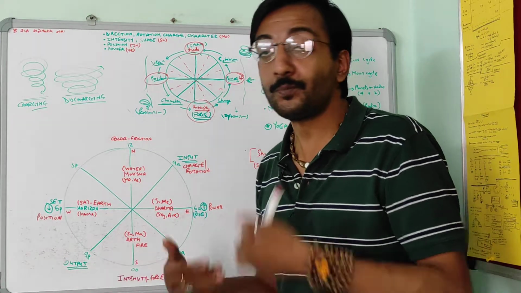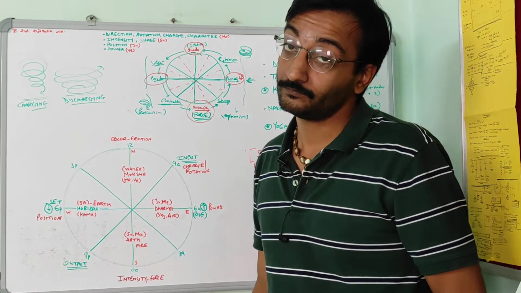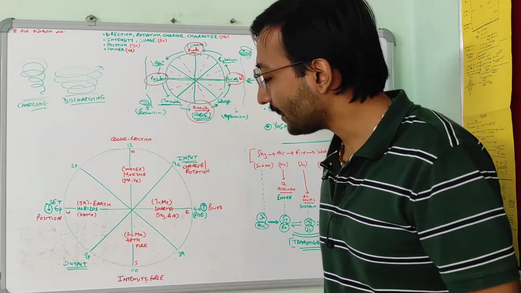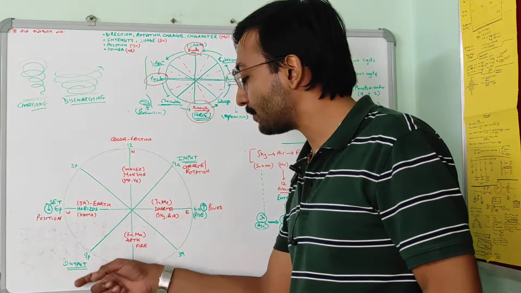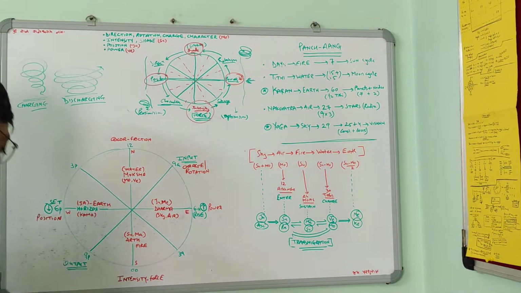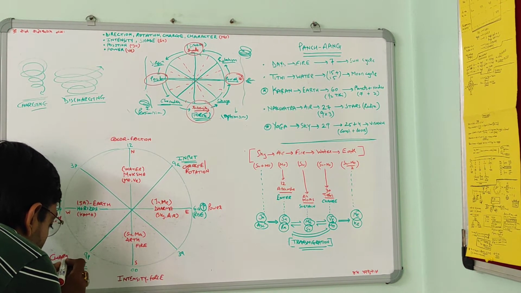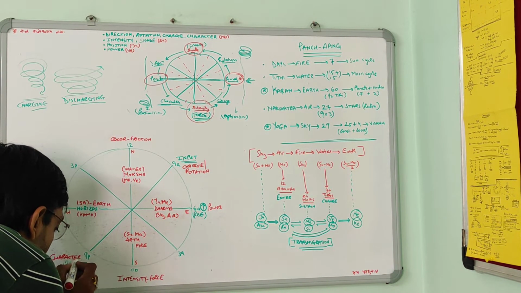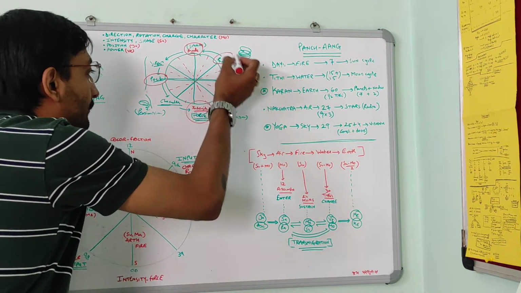For a different output, I have to give a different input. So over here that was input, over here that is output, and output decides your character. So over here we are writing character. Getting my point? So we covered this rotation and character.